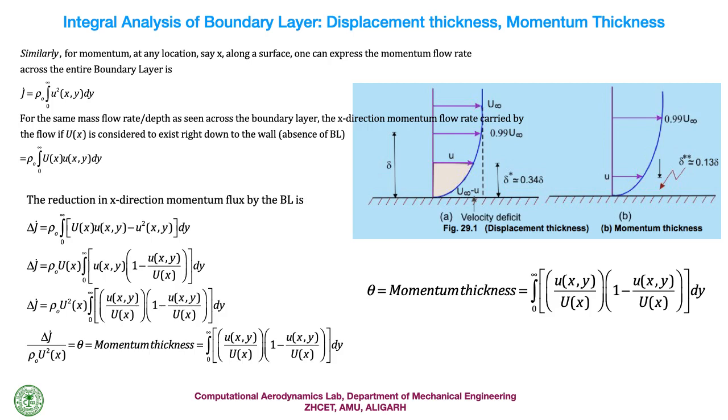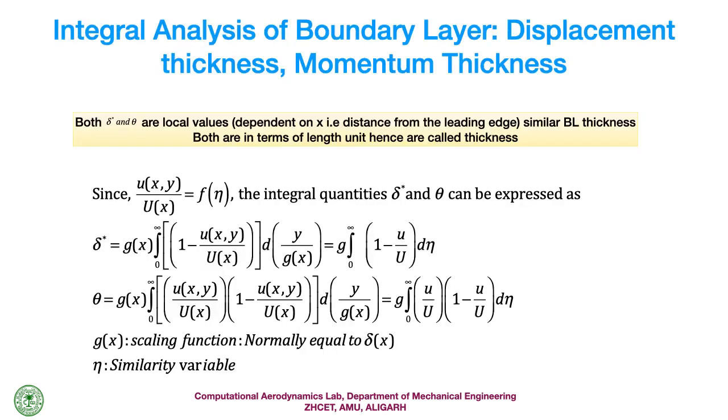Now, if I use these two quantities in the integral analysis, since both delta star and theta are local, dependent values of x, I can express these in terms of length units. The integral quantity is a non-dimensional thing, integrated over dy, so that means it will be non-dimensional.